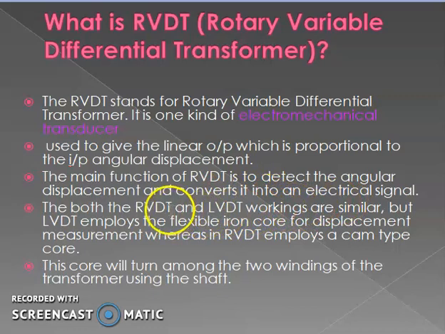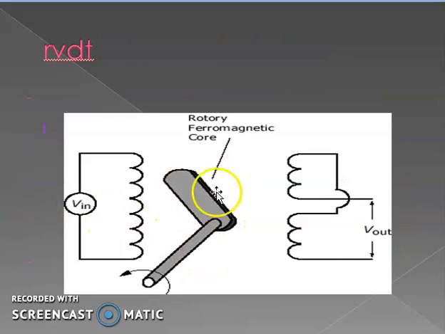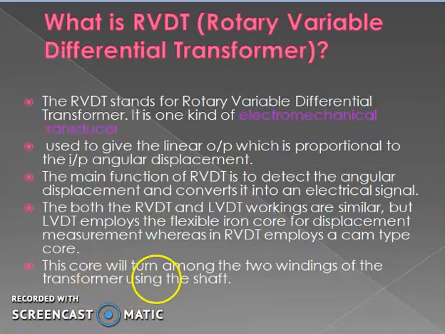Both RVDT and LVDT work similarly, but LVDT employs a flexible iron core for displacement measurement, whereas RVDT employs a cam type core. This core is turned between the two windings of the transformer using the shaft.